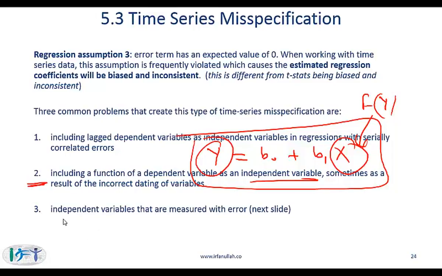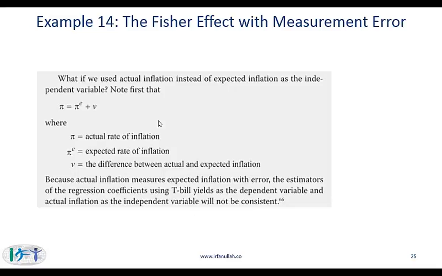And finally, you can have a situation where independent variables are measured with an error. So what does that mean? That is shown in example 14. You might vaguely recall from level 1 that you have something called a Fisher effect, which connects inflation and interest rates. Now, in an earlier example, which I alluded to but did not discuss, expected inflation was the independent variable, and this was being used to predict T-bill rates, which is interest rates.